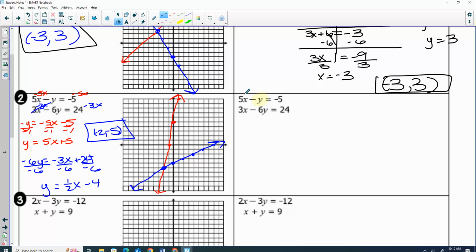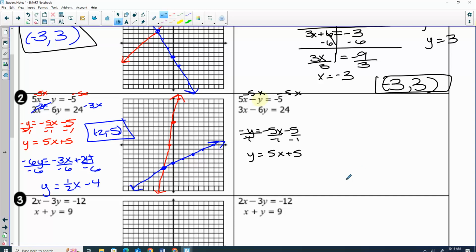So we would subtract our 5x. That means negative y equals negative 5x minus 5. And then to get rid of the negative, we divide, so y is 5x plus 5.